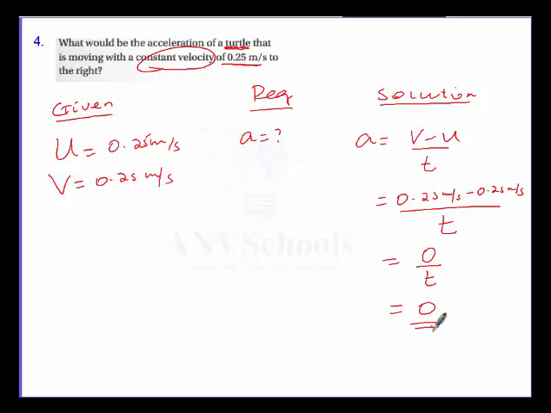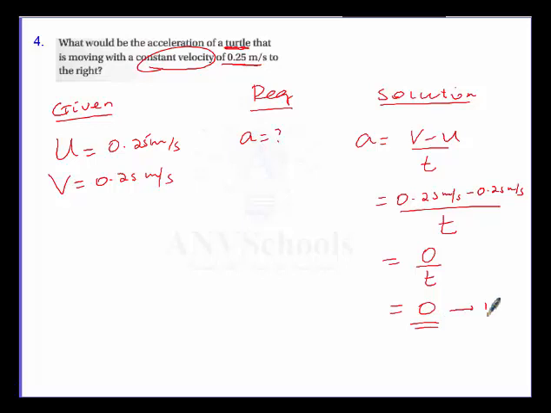So the value of acceleration is 0. If the velocity of the object is constant, the acceleration will be 0, because to have an acceleration there must be a change in velocity.